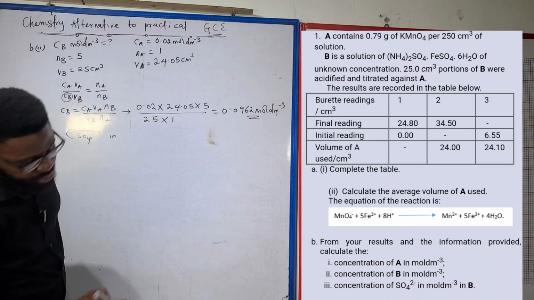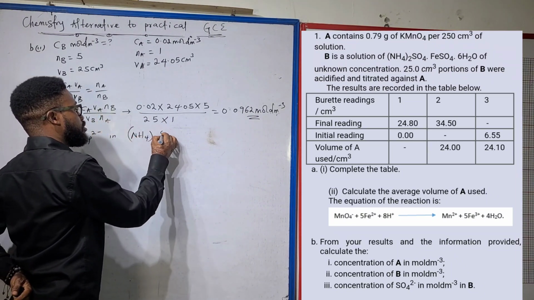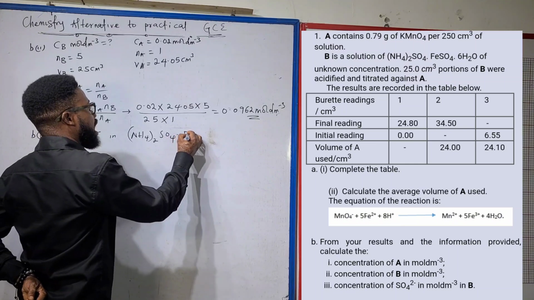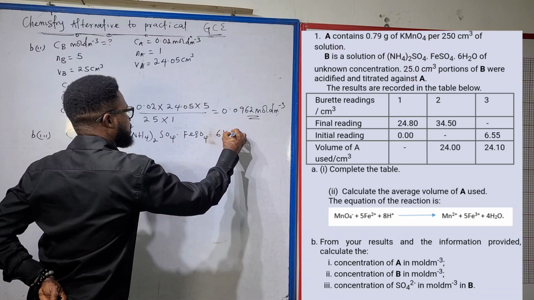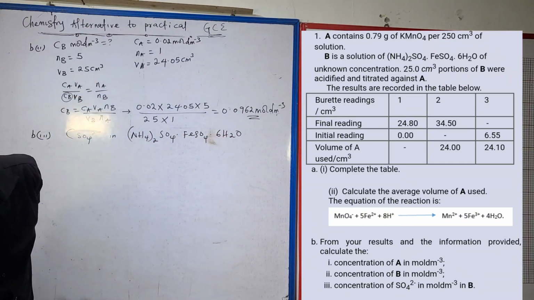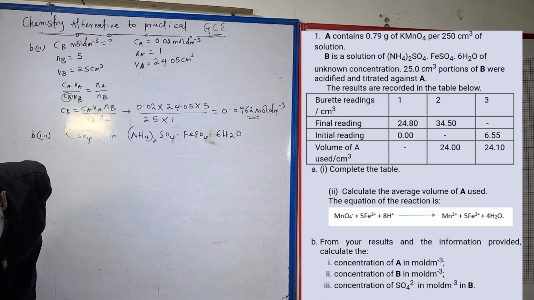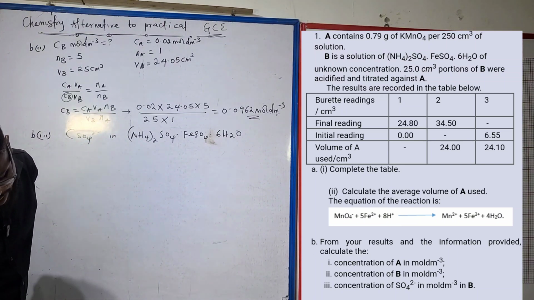My base here is actually ammonium iron sulfate hexahydrate. So how many sulfates do I have in this? Talking about the sulfates from what I have here, how many sulfates do I have?